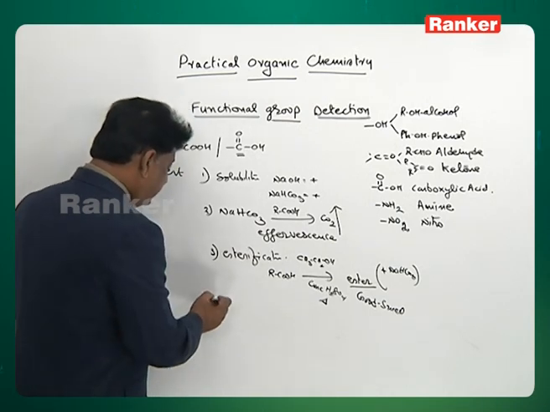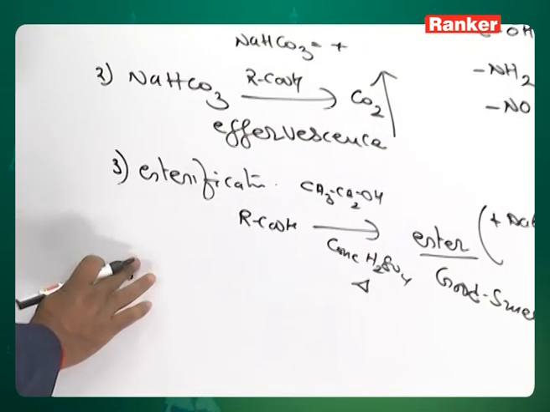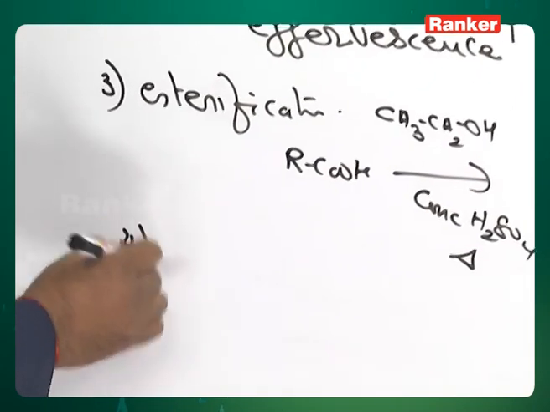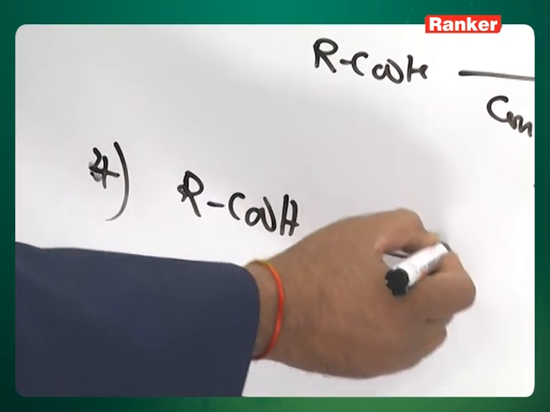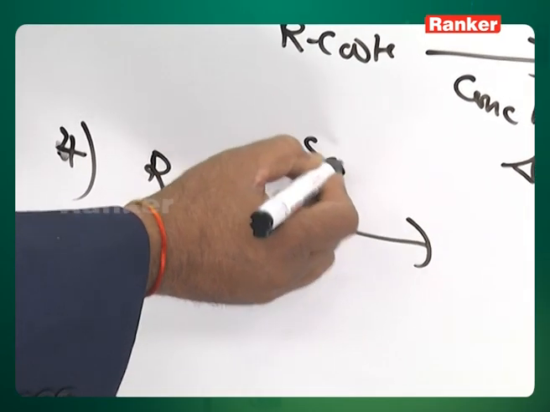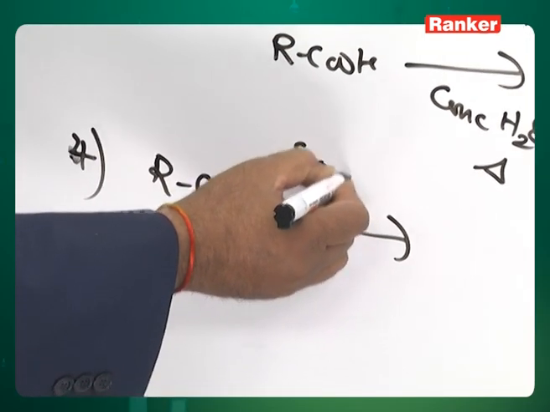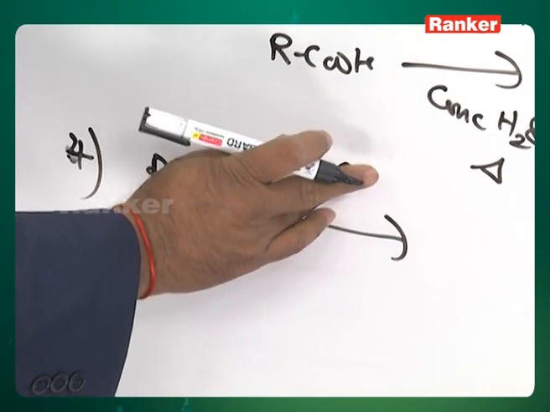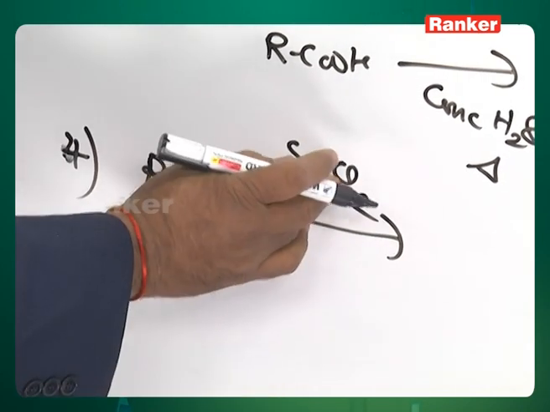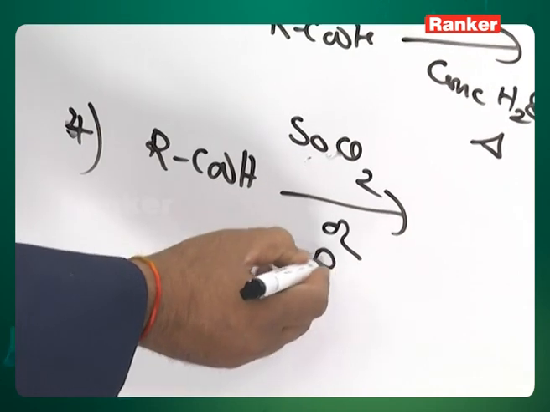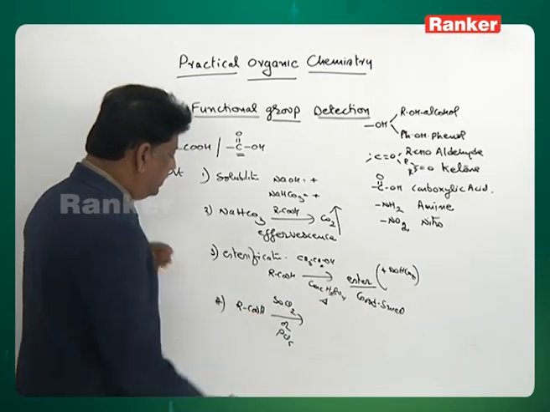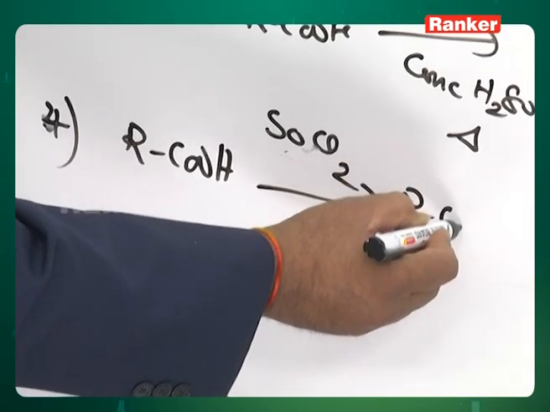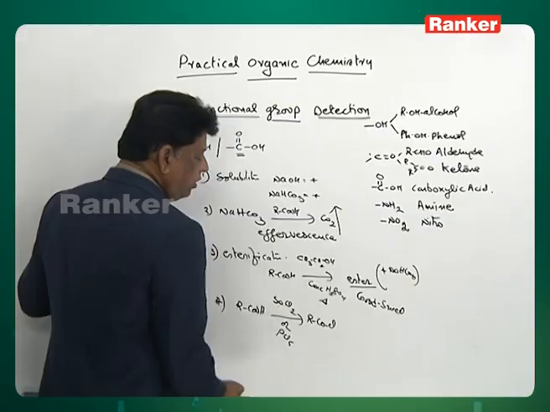Or you can go for another test, where the acids are converted into acid derivatives like acid chloride, by treating with SOCl2, thionyl chloride, or PCl5. They are converted first into acid chlorides.